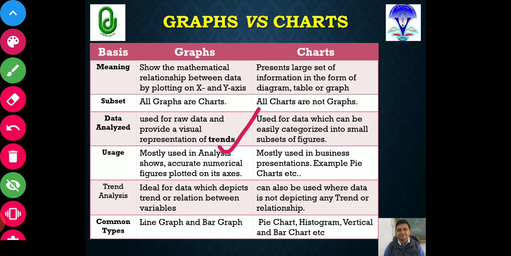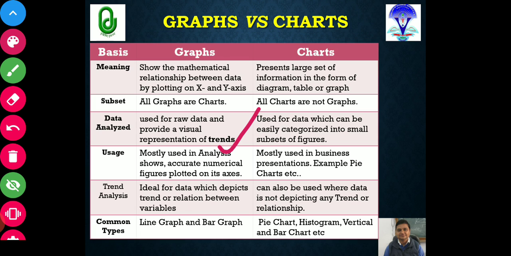Then, what are the uses? Graphs are mostly used in analysis and show accurate, numerical figures plotted on their axes. Graphs are basically more mathematical, so they emphasize the relationship. Whereas charts are mostly used in business presentations, for example pie charts. Charts are basically a visual treat.